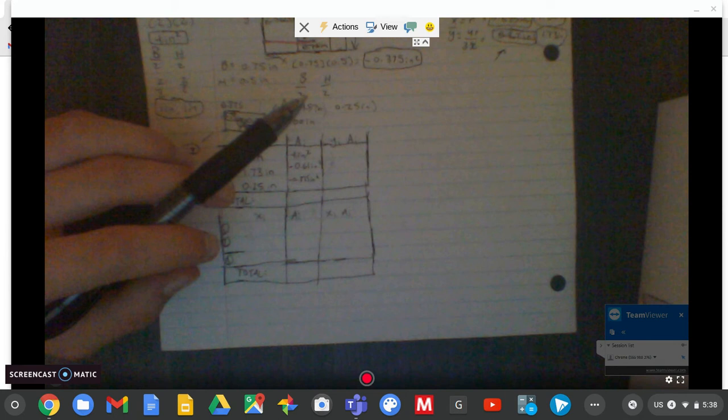Still frozen. And then 0.25 inches times negative 0.375 inches is negative 0.09 inches cubed.